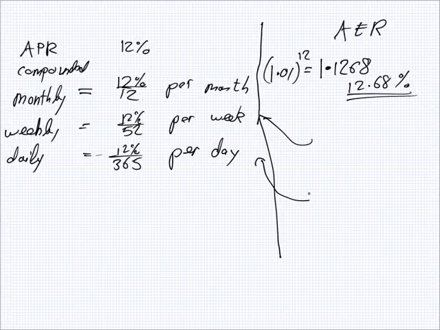Yeah, it's 12, 1.01. Divided by 12. Did you forget how many months there were in the year? Alright. Try to finish that.